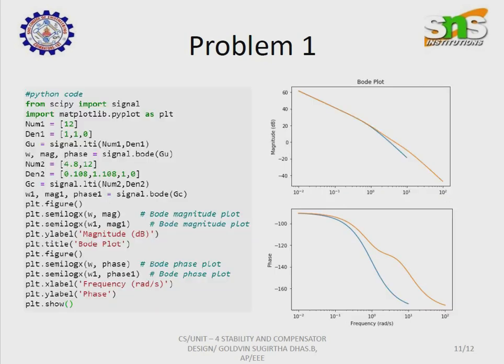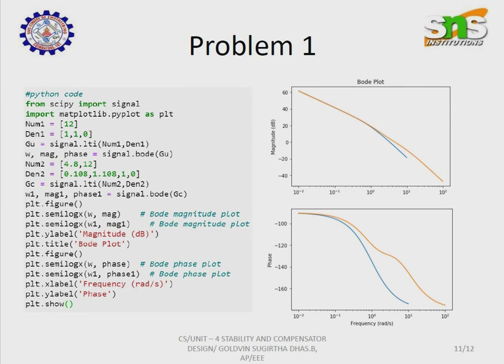Also we can do this problem using Python and we can plot the problem. So from SciPy we are importing signal for doing the Bode plot. Next, we are importing matplotlib.pyplot as plt. So this is for drawing plots.